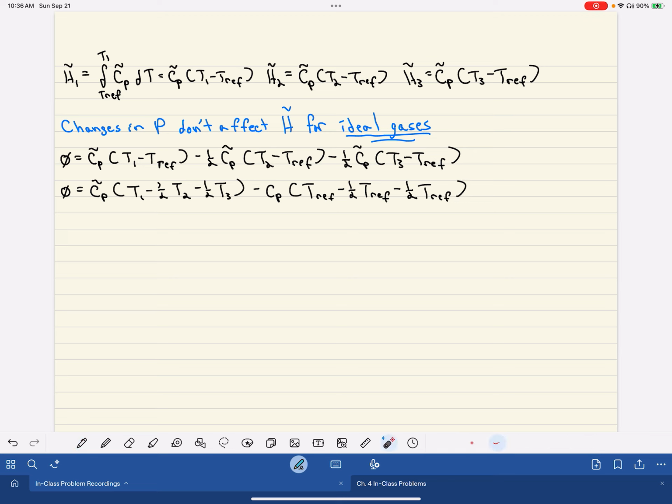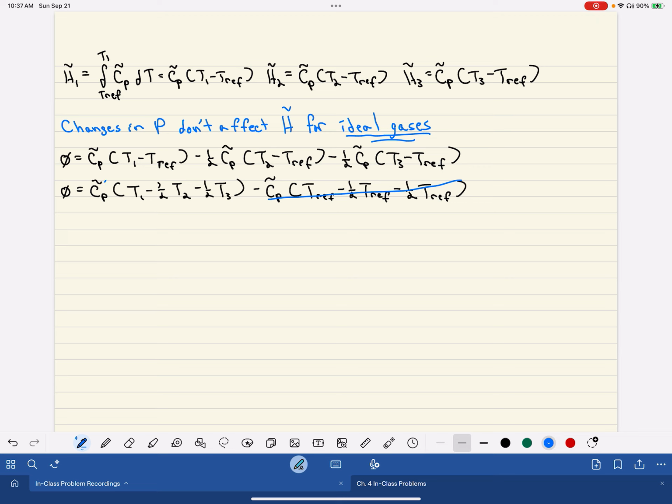You'll notice here we have T ref minus 1/2 T ref minus 1/2 T ref. That's going to cancel out, right? So essentially, in this problem, just based on how the math was arranged, it didn't matter what T ref was in the end. All that stuff's going to get canceled out.